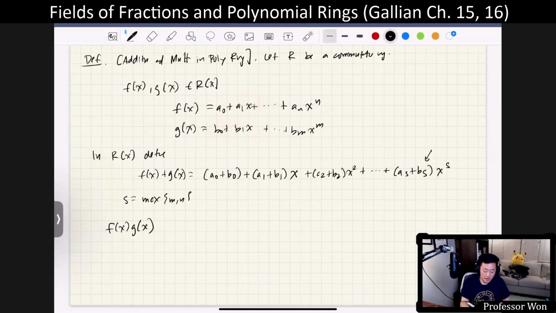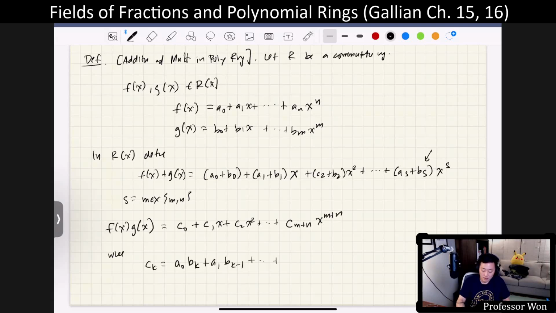Right? So how should I write this down? Well, the definition will be c naught plus c1x plus c2x squared plus dot dot dot, going up to degree m plus n, where we define ck to be the sum of the products of all of the coefficients where the indices on a and b add up to k.